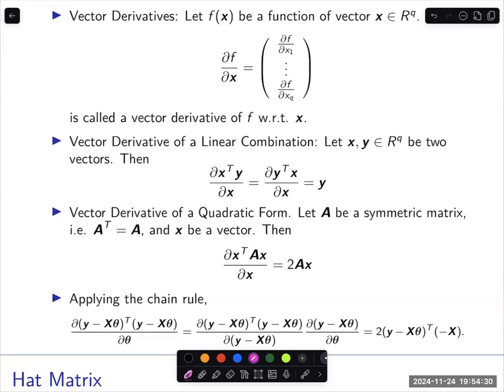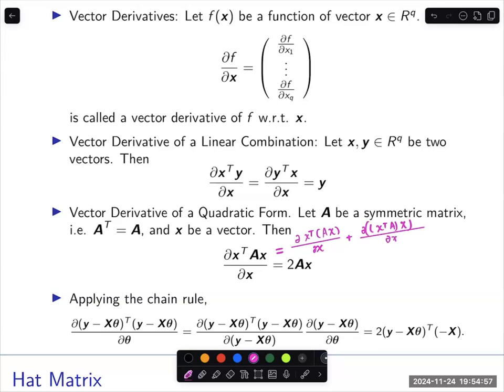In fact, this can be easily justified by taking the partial derivative of the first term, x transpose AX, and then the partial derivative of the second term.